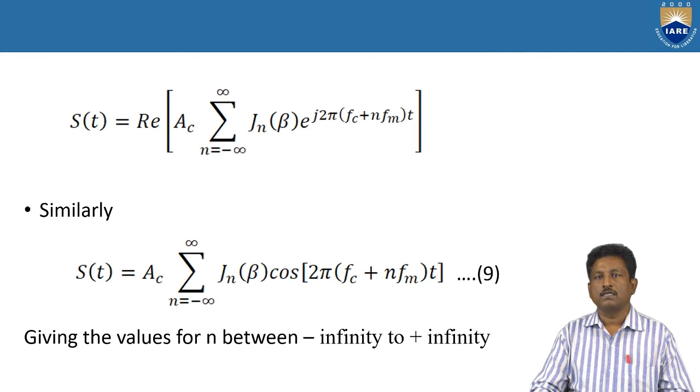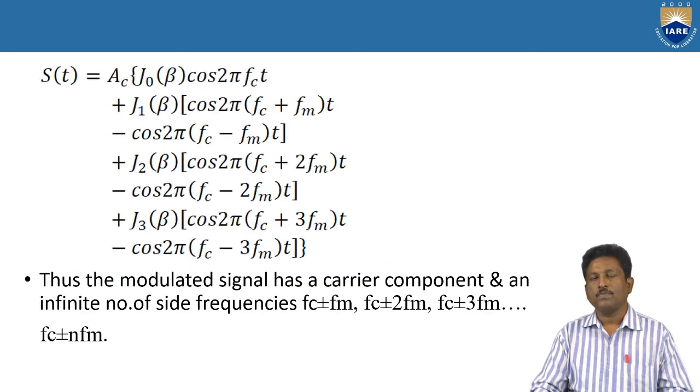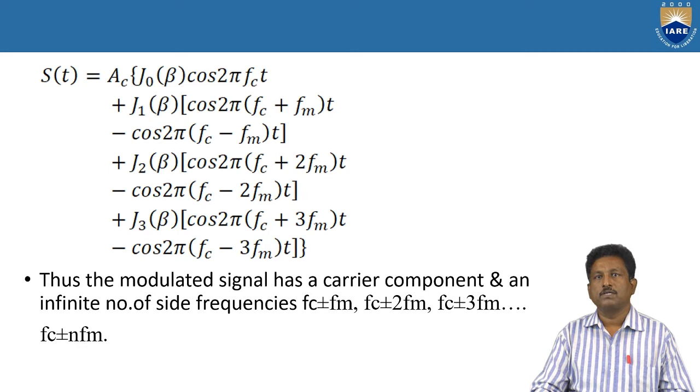So giving the values for n between minus infinity and plus infinity, we'll get an infinite number of Bessel functions. s(t) = Ac [J0(β) cos 2π fc t + J1(β) (cos 2π(fc + fm)t - cos 2π(fc - fm)t) + J2(β) cos 2π(fc + 2fm)t ...]. It will go on like this.